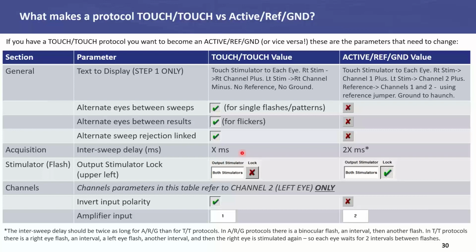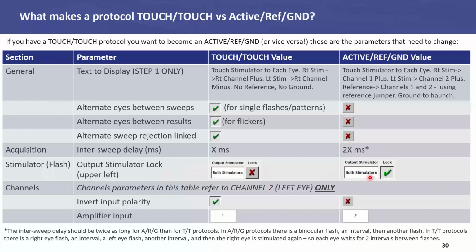In touch-touch protocols, the right eye flashes, and then there's an interval, and then the left eye flashes, and then there's an interval, and then the right eye flashes again. So each eye is actually waiting for 2 intervals in between each stimulus. That means that you want the touch-touch value to be 1/2 of what it would be if you were stimulating the eyes binocularly.